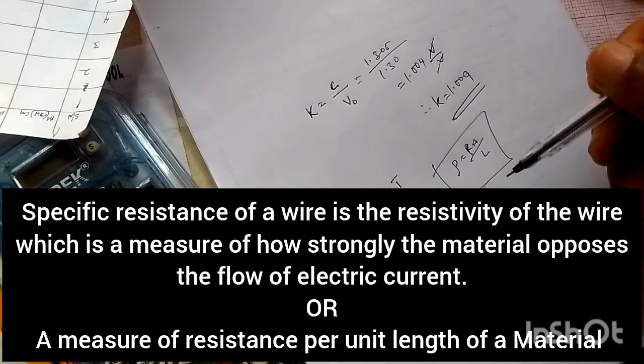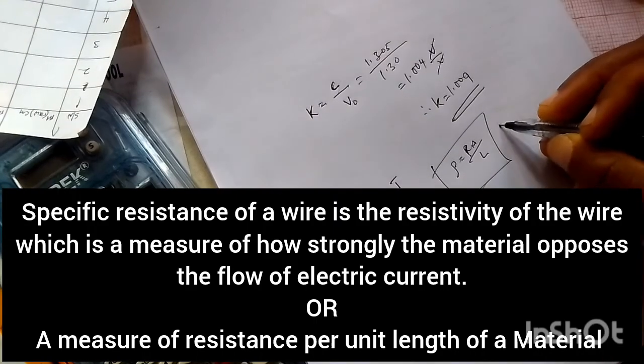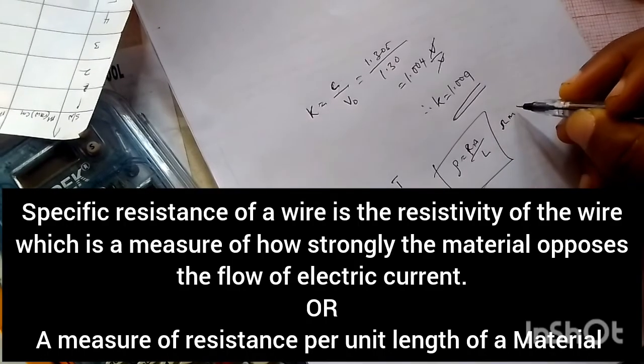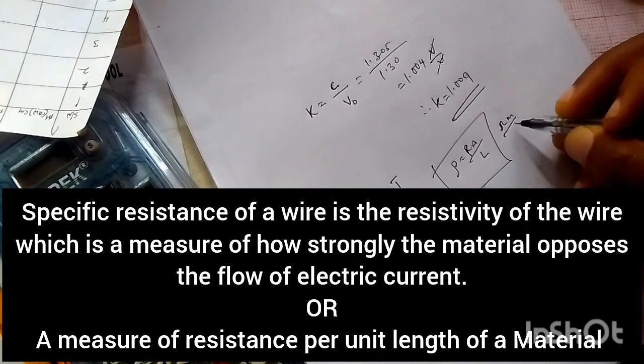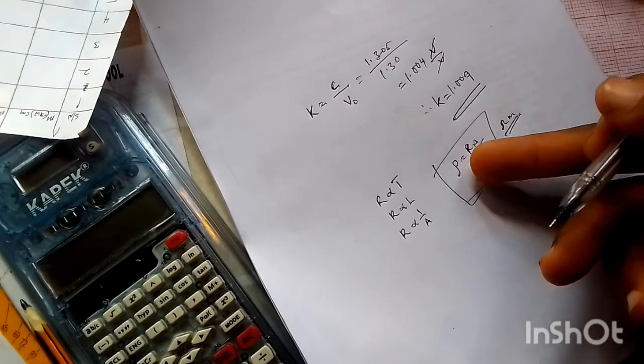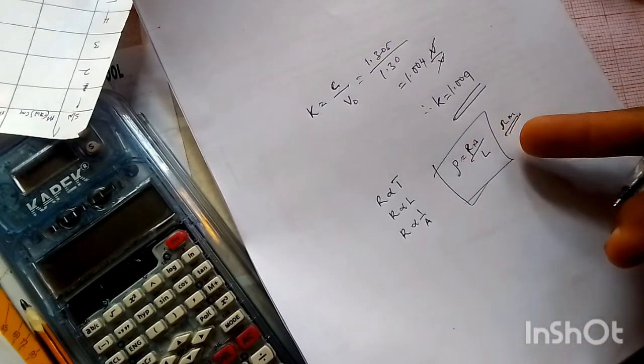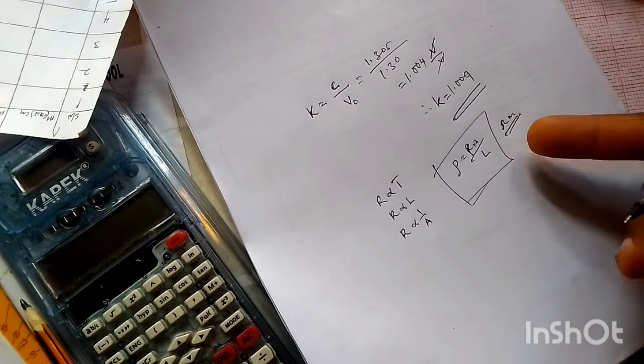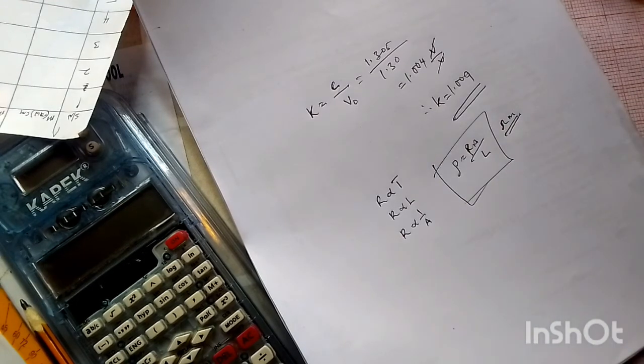And of course, the resistivity of a wire is measured in ohm meter. So you can add that the SI unit of resistivity or the specific resistance of a wire is ohm meter.